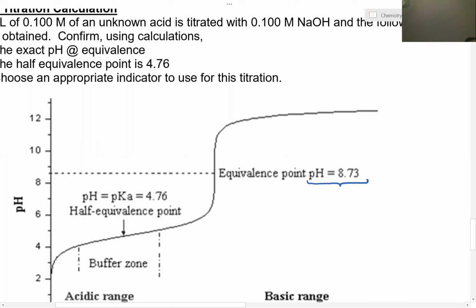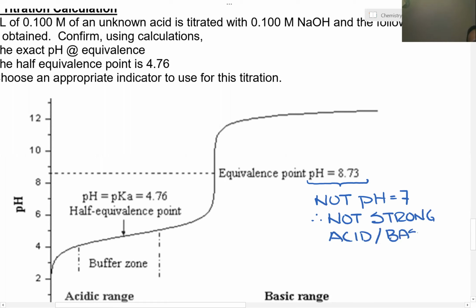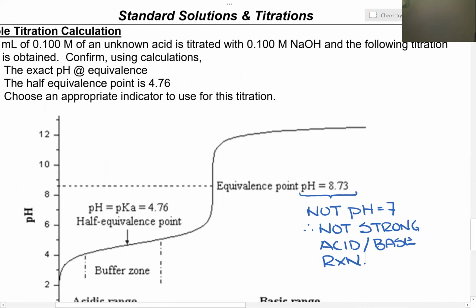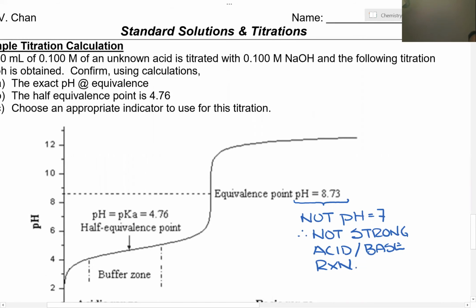Because it is not a pH equal to 7, it is not a strong base, strong acid titration. And hopefully from your homework, you can recognize that the acid would be a weak acid. So your unknown acid here is actually a weak acid.